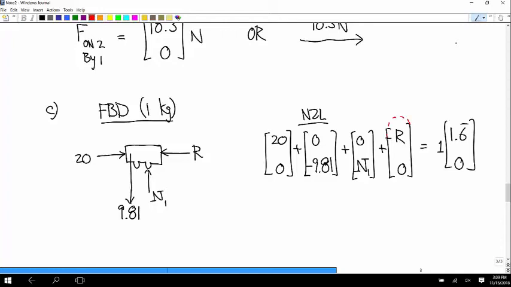What we're trying to find is this vector, the force on the 1 by the 2. And to do that, we just have to solve for that variable R.